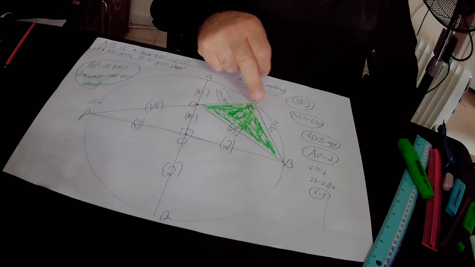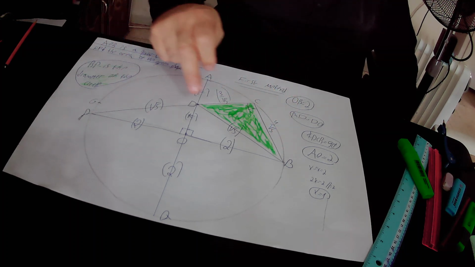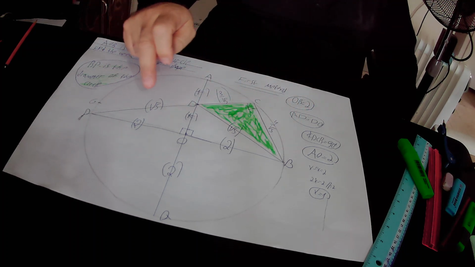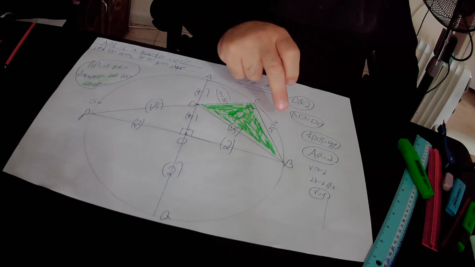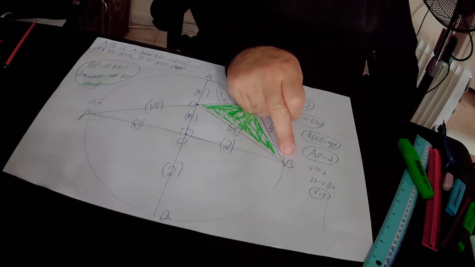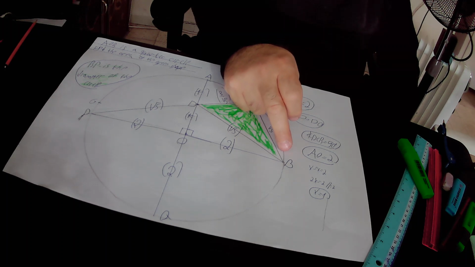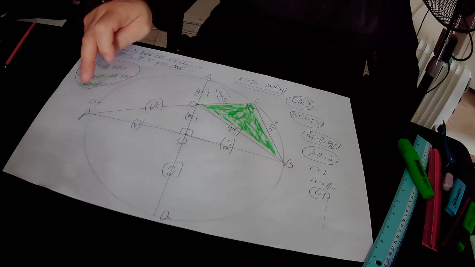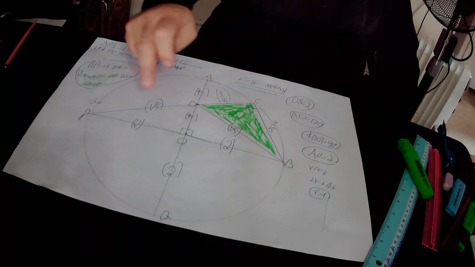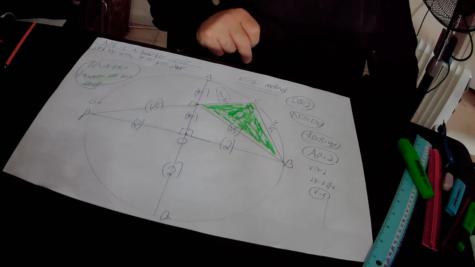And this peripheral angle BCG is subtended on BG, that is definitely not the diameter of the circle. Why? Because from point B we can have only one diameter, and the only diameter that you can draw from point B is the diameter BP. Therefore, BG is definitely not the diameter of the circle.